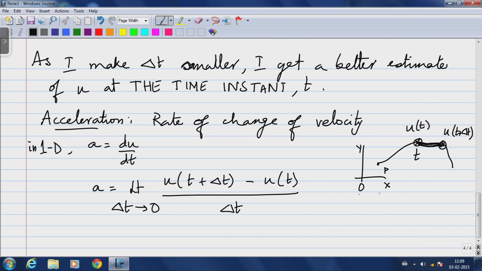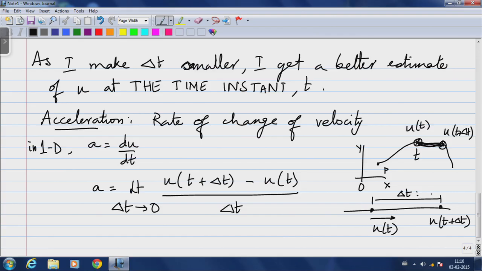Now, I am doing this in one dimension, but the sketch shown is not in one dimension. So, we have to be clear that if I had a one dimensional road and I know the velocity now and the velocity a short time later, if this is the distance travelled and the time separation is delta t.